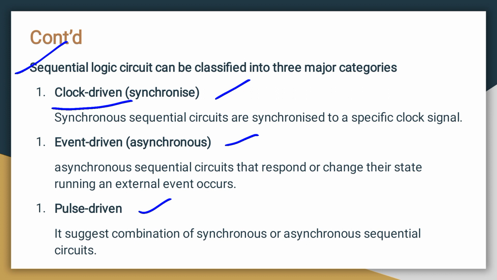In asynchronous, it runs through an event. That means an external event has to occur to change the state, nothing but set to reset or reset to set. Next is pulse driven, which is a combination of synchronous and asynchronous sequential circuits. So this is about the three major categories of sequential logic circuit.